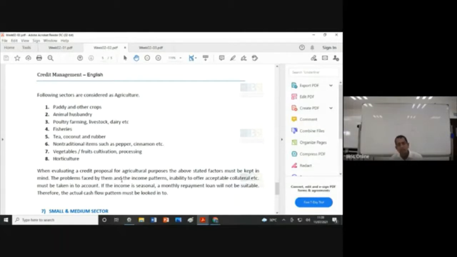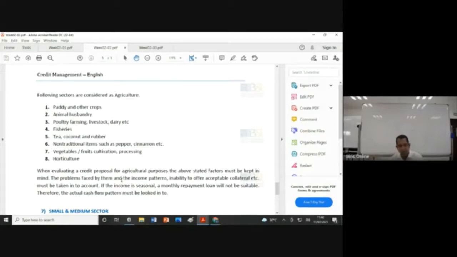Based on that only you will get money. A carrot farmer will have a 3-month duration. So if you give monthly repayments, you will have issues because you expect the farmer to pay monthly, whereas their money comes in every 3 months or 6 months.